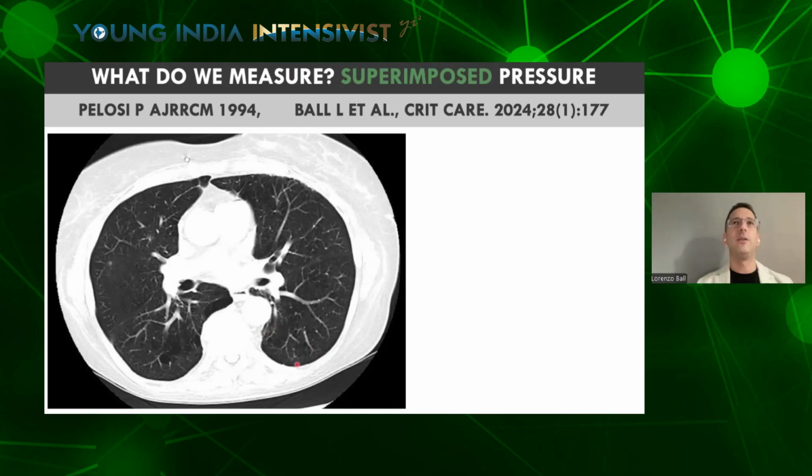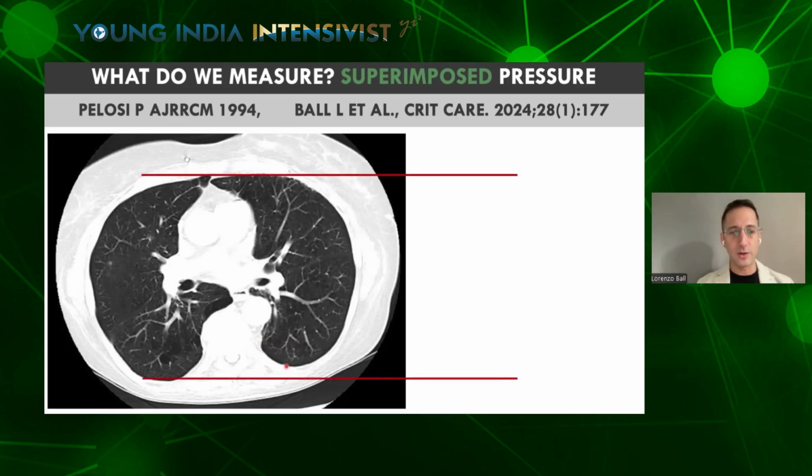The most dorsal regions of the lungs will suffer a little bit from the compression due to the presence of a lot of lung parenchyma above the most dorsal regions. So if we measure the pressure inside the pleural cavity here or here, it will be different.